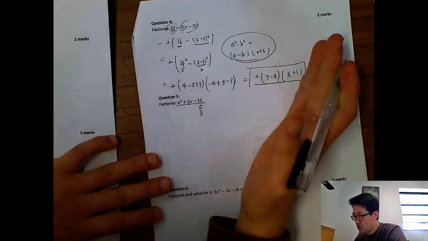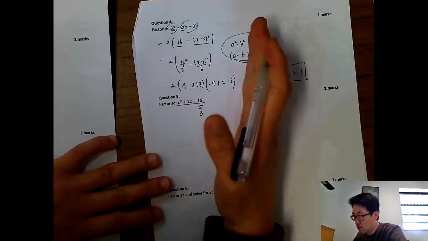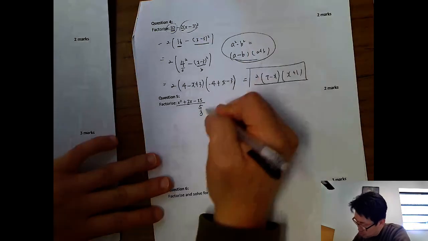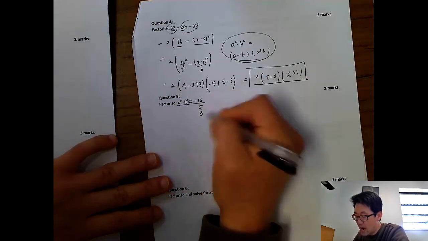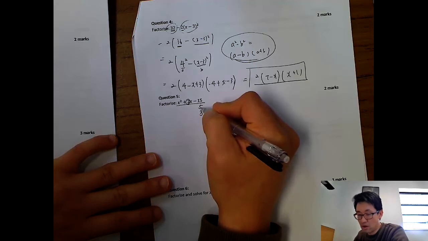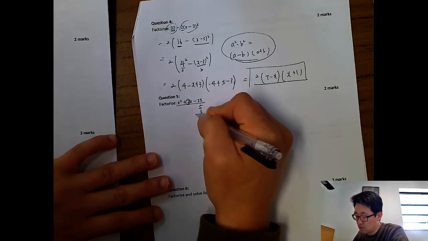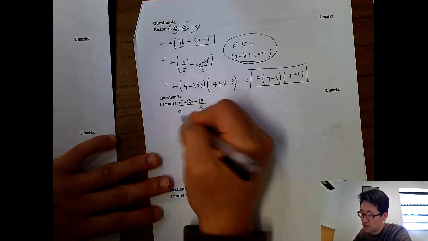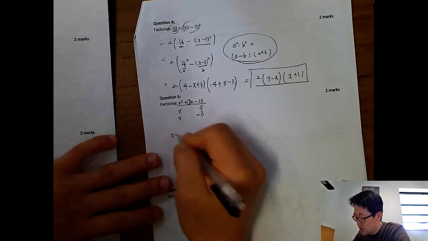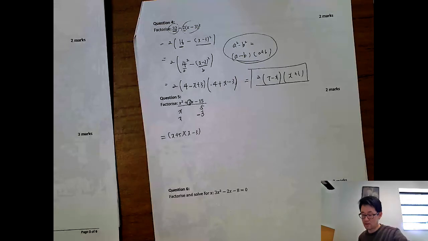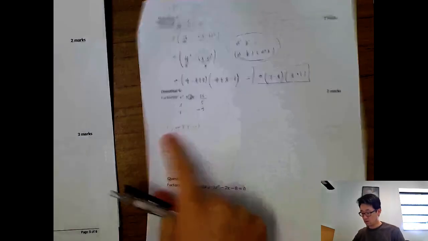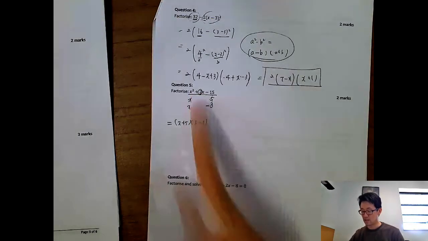Now 5 and 3, 15, difference is 2, yep, all looks okay. But I need to take negative, because when we add it we get the positive number, therefore I have to put negative for the smaller number. So x plus 5, x minus 3, I factorize it. And then we open it. Did we get that? Yes, correct.